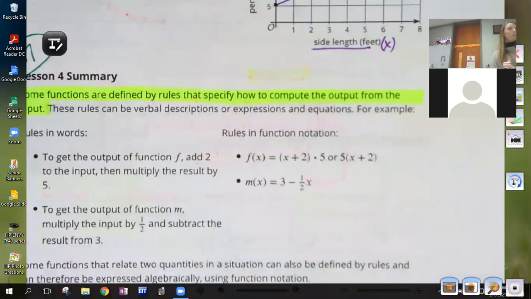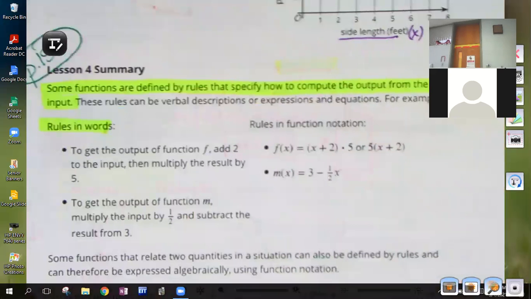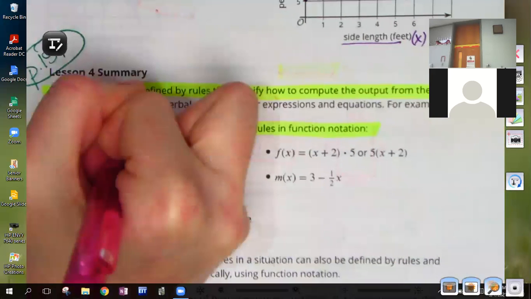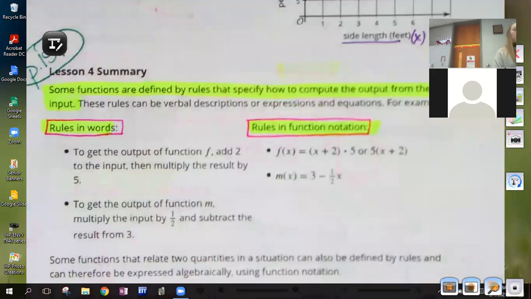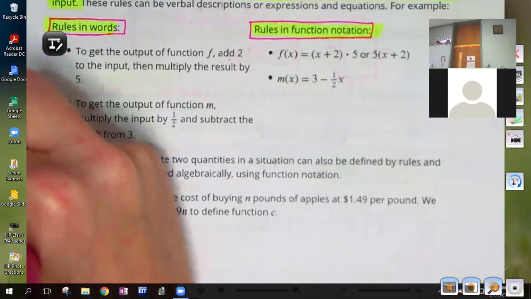When it says verbal descriptions, that's like what we did in that second activity where you matched them with those sentences. And the equations are everything else we did. Here are rules in word form, and here are rules in function notation. We should be able to look at both of those and understand how to interpret them. Some functions can relate to quantities in a situation, can also be defined by rules, and can therefore be expressed algebraically using function notation.